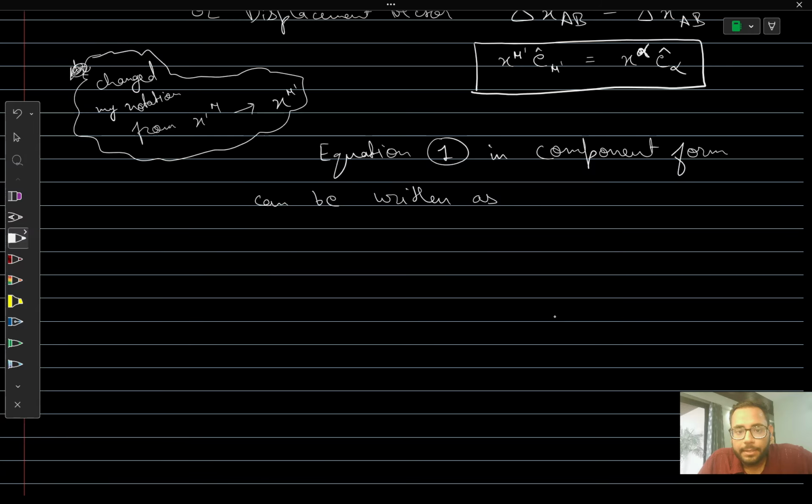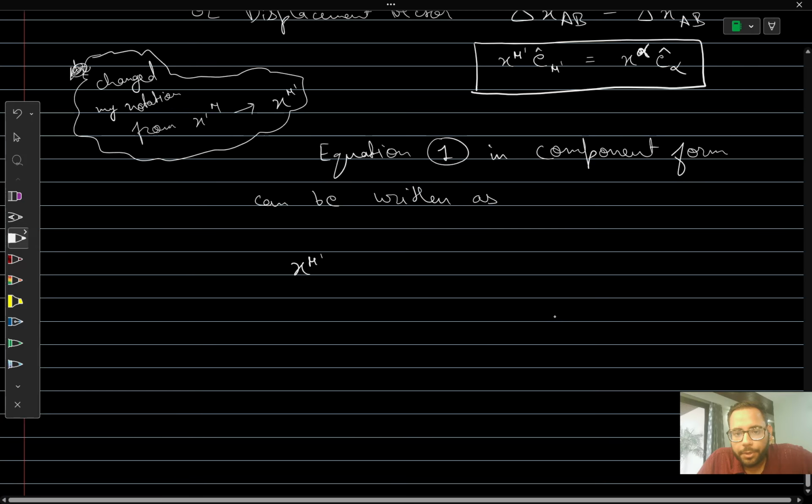Suppose I have this primed component, and this is an unprimed coordinate in V. I have a coordinate V or nu. Now this is my matrix.